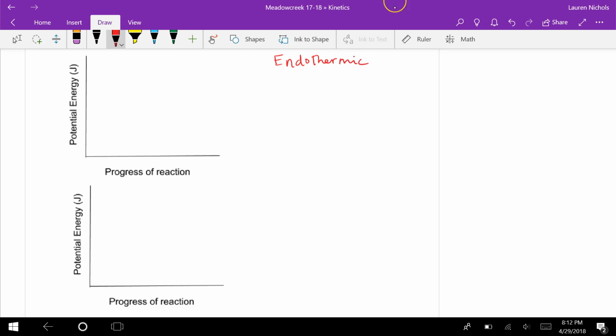Now remember that an endothermic is something that absorbs energy, right? So the system absorbs it or it goes into it. And so this means that if you were to write a reaction, let's say A plus B produces C, okay? That means energy is written as a reactant, okay?